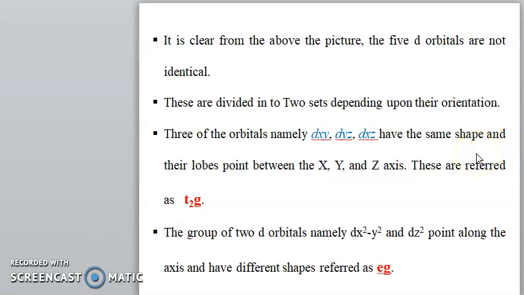These are not identical but have the same shape, and they are lying in between the x, y and z axis. These are referred to as t2g. These three d orbitals form one set, and it is called t2g, meaning this is named as the t2g orbitals.